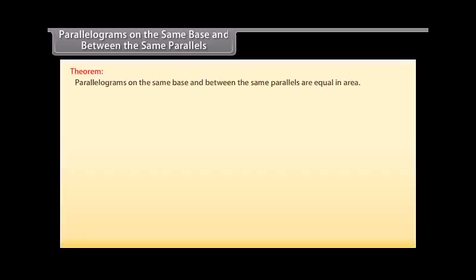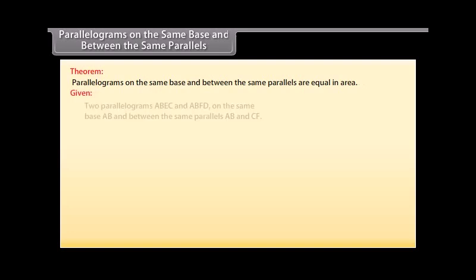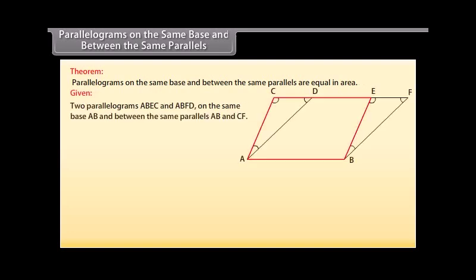Parallelograms on the same base and between the same parallels. Theorem. Parallelograms on the same base and between the same parallels are equal in area. Let us prove this theorem. Proof. Two parallelograms ABEC and ABFD on the same base AB and between the same parallels AB and CF are given.